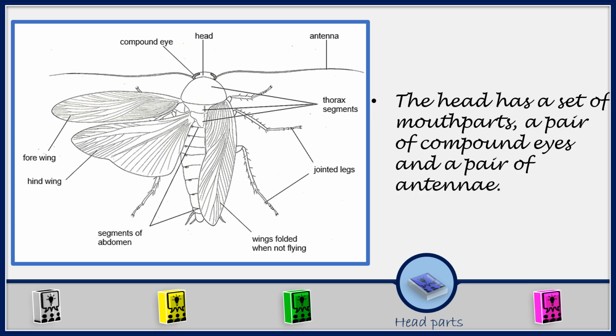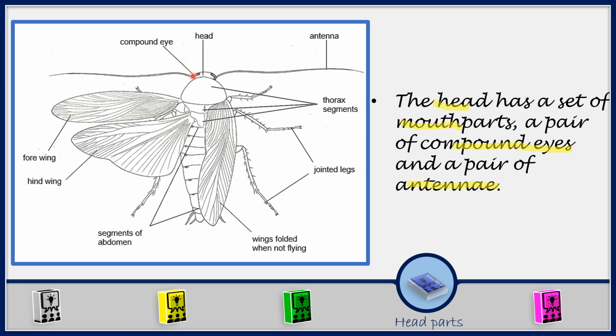So we say that the head has a set of mouth parts, a pair of compound eyes, and a pair of antennae. On our head here, we are going to find the mouth on the ventral side. If we had it in the ventral view, then we would be able to see the mouth.